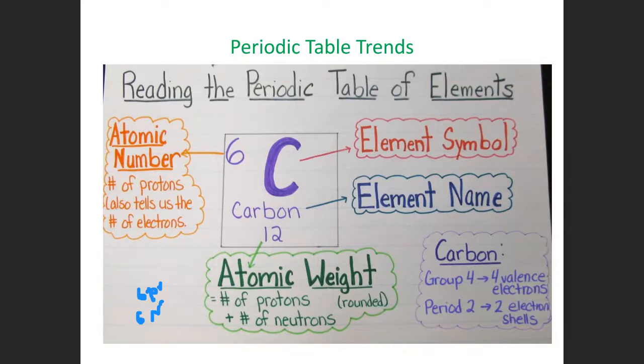If I was going to draw the outer shells of this particular structure, my first shell would have how many electrons? 2. So I'm going to put one here and one here. Now they could be anywhere because those are just placeholders for them.